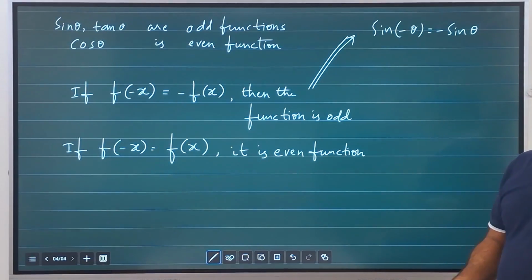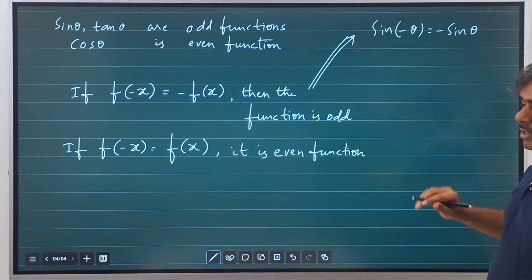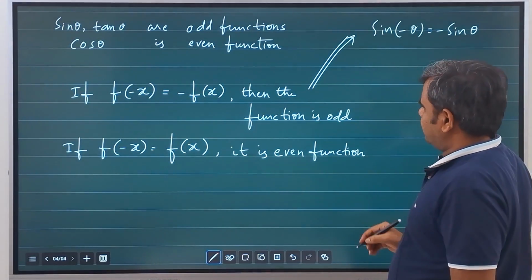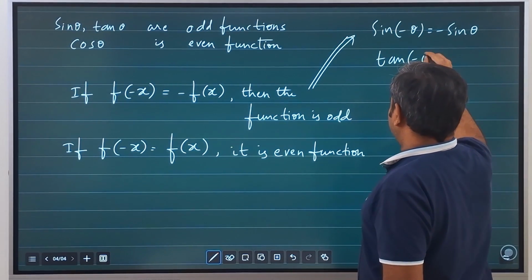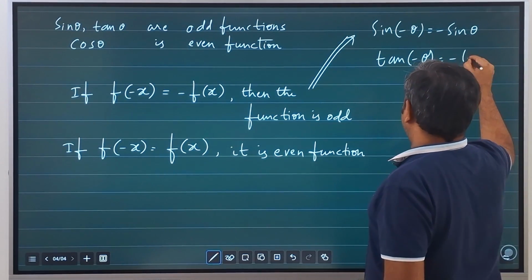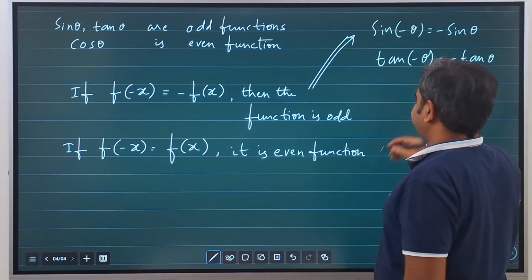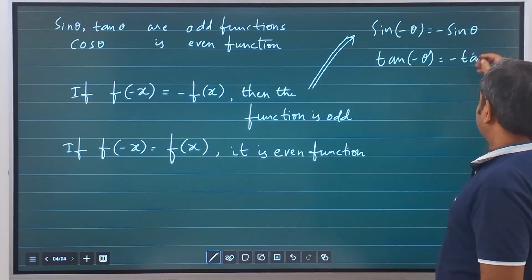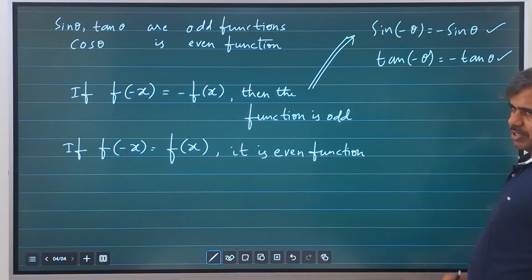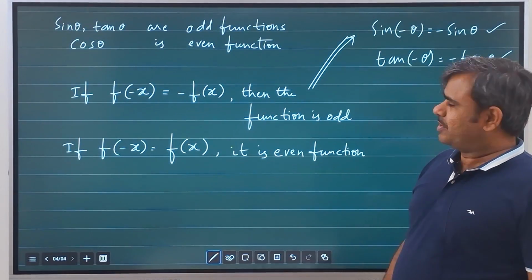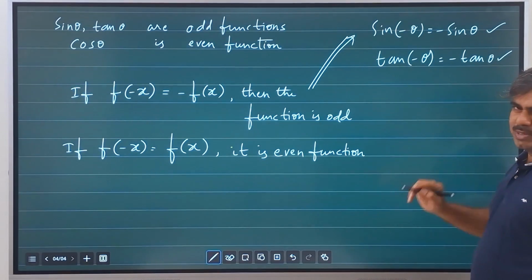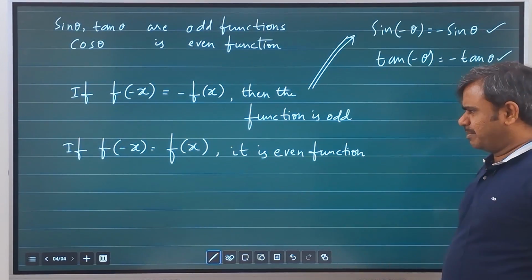Why and how? We will understand in a minute. Sine minus theta is equal to minus sine theta. Similarly, tan minus theta is equal to minus tan theta. That is why these are called odd functions. How that happens, we will discuss in a minute.